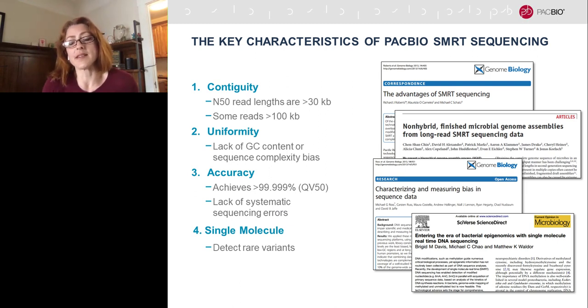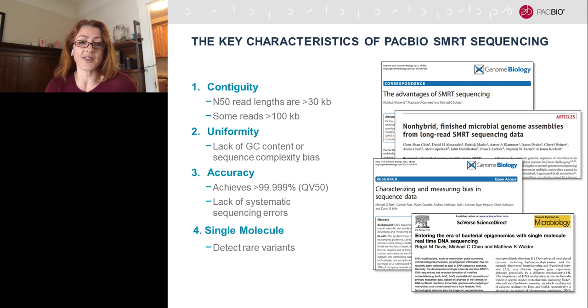PacBio SMRT sequencing is a unique kind of sequencing technology in that it has 4 key characteristics that are quite different from short-read sequencing that you may be more familiar with. The first is contiguity. The read lengths with PacBio sequencing are very long, over 30 kb in median read length, with some reads as long as 100 kb. We also have very uniform coverage of all genomic contexts, no matter what the GC or AT richness may be.